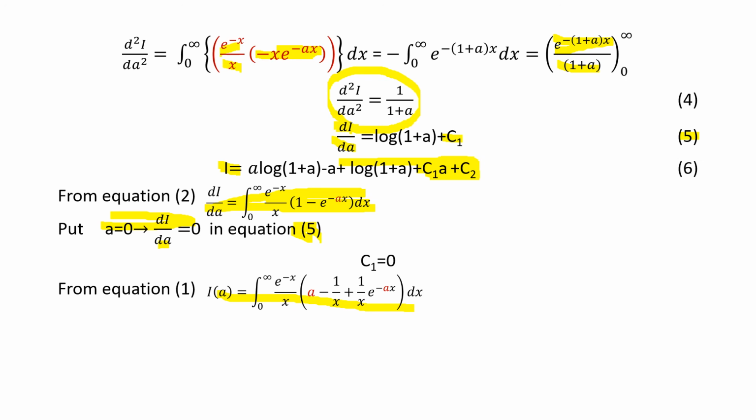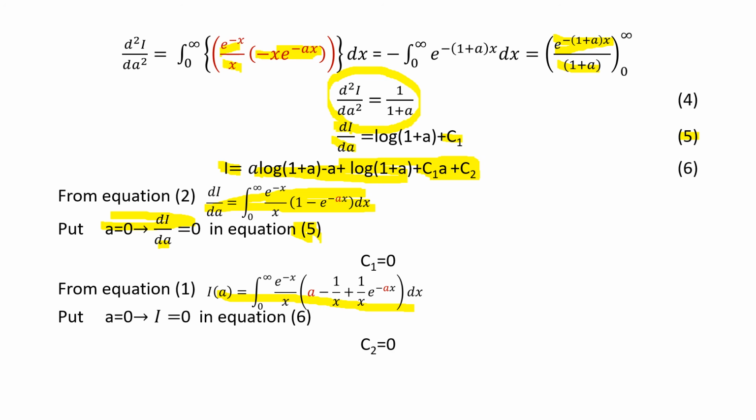Now you have to identify what we can put for a so that we directly get the value of I. Again, if we put a equal to 0, we will get I equal to 0. So we put I equal to 0 and a equal to 0 in equation number 6, then this whole function will be 0. c1 a is 0, so directly you will get c2 equal to 0.